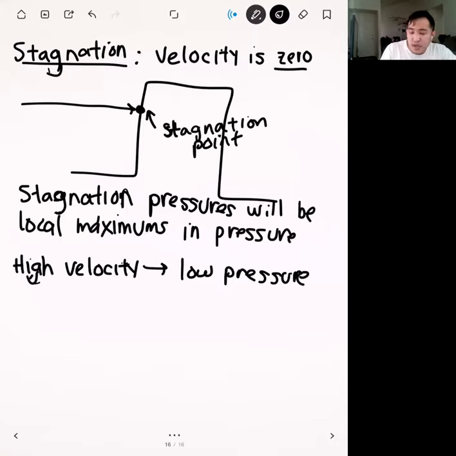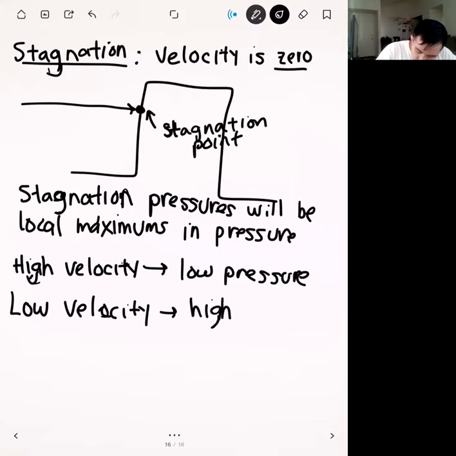For locations where you have a small or low velocity, these are going to have higher pressures. And so there's that inverse relationship that you will usually find in these kinds of problems.